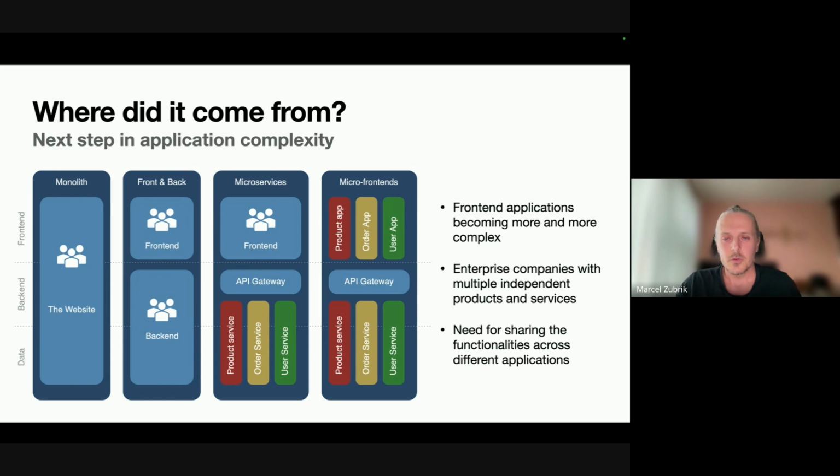So you can then create something like a product app that has front end and back end and can be handled by people that are working mainly on products. So front end applications became also more and more complex, and we needed a way to handle that.